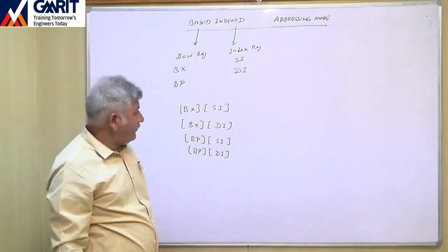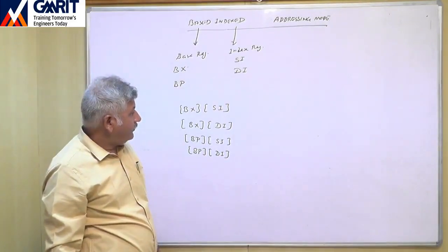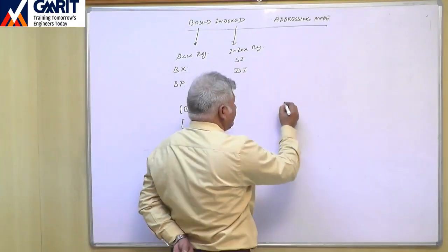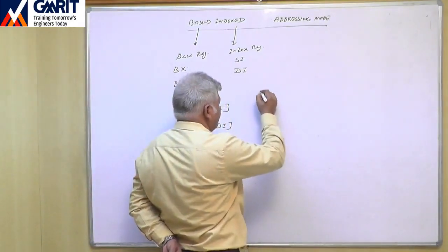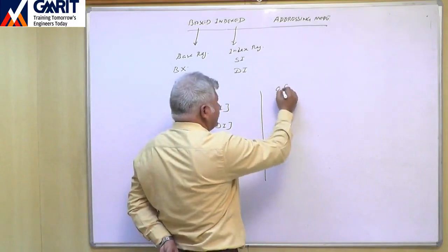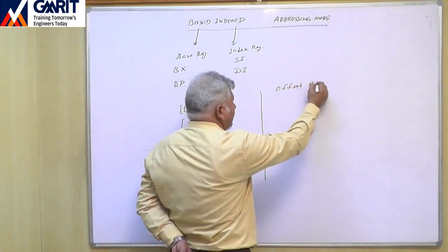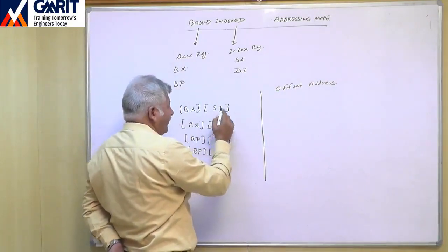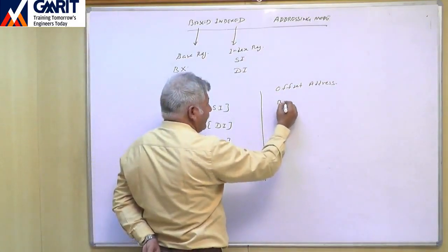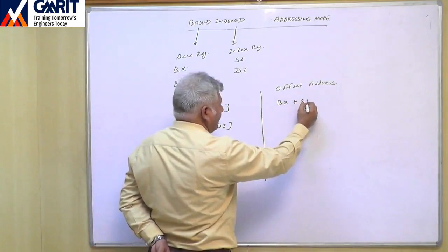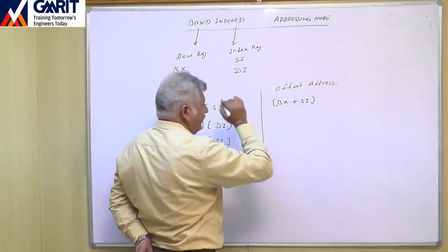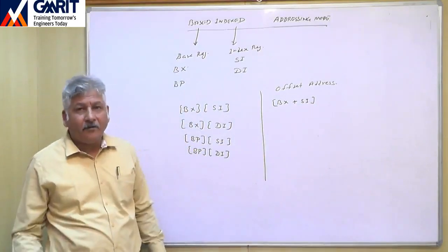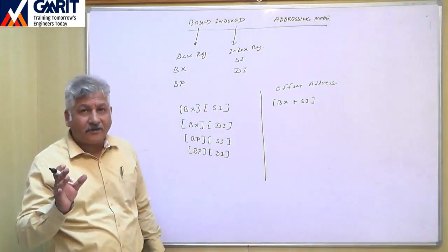Now the offset address for the first case will be the content of BX plus the content of SI. Whatever value we get on adding, that is the offset address.